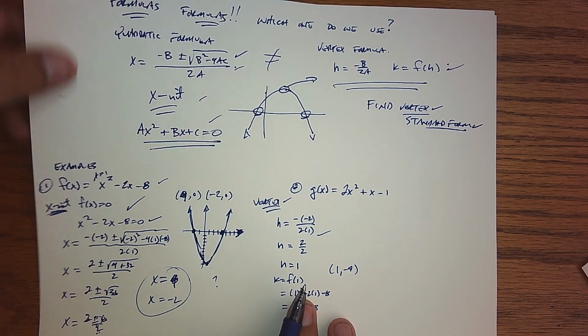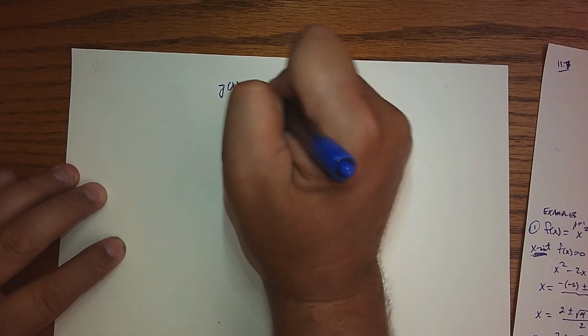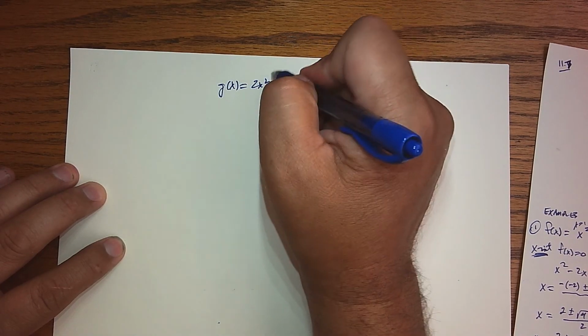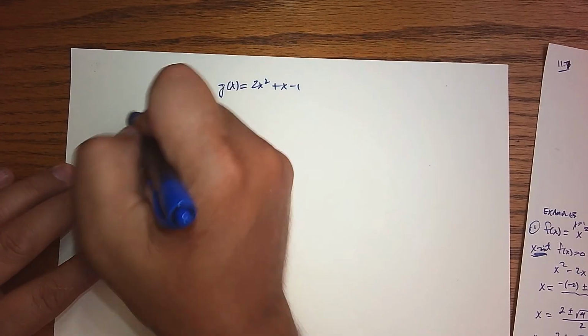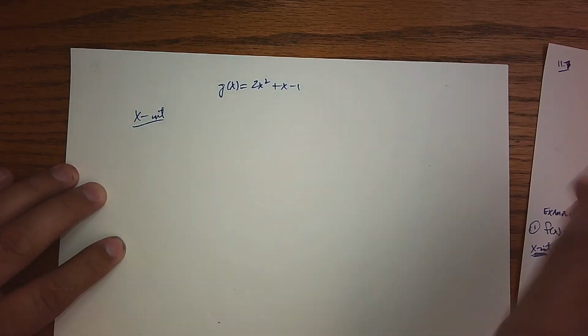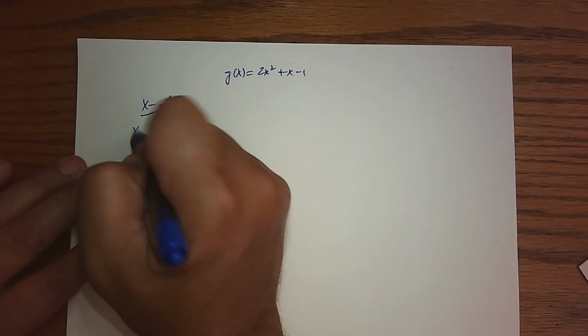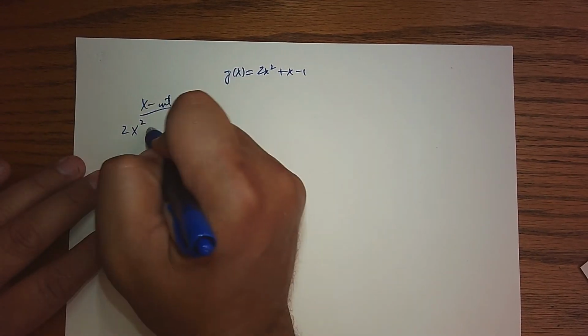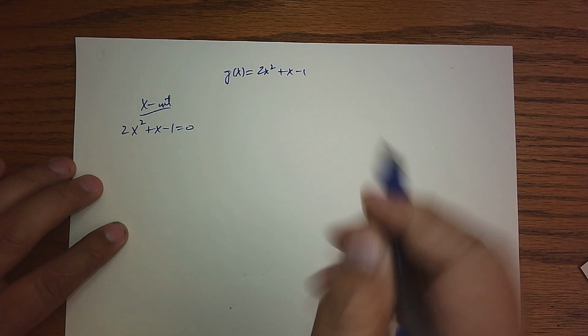And so the next one, how about I clean this up? So we have g of x equals 2x squared plus x minus 1. So if I'm asked to find x-intercepts, I'm truly solving the equation 2x squared plus x minus 1 equals 0.